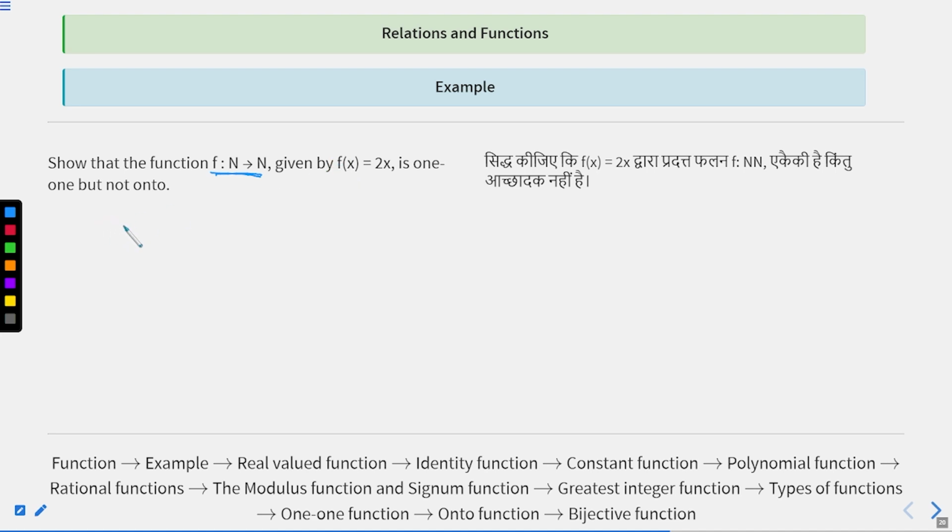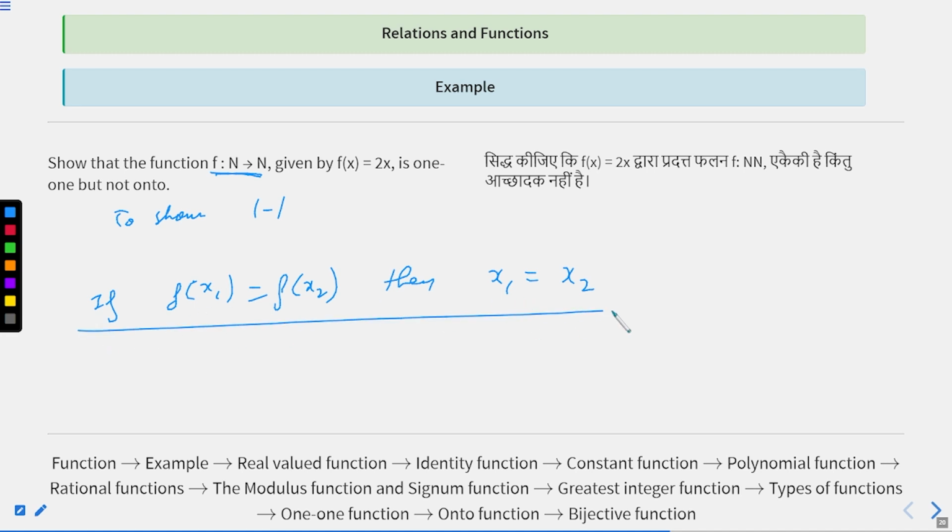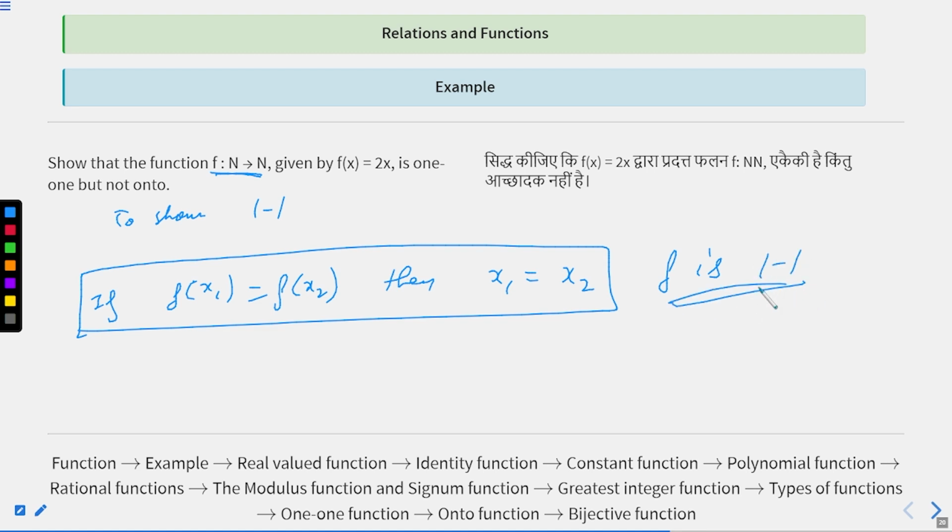To show 1-1, if you recall the 1-1 definition, if f of x1 is equal to f of x2, then x1 must be equal to x2. If this happens, then I can say that my function f is 1-1.